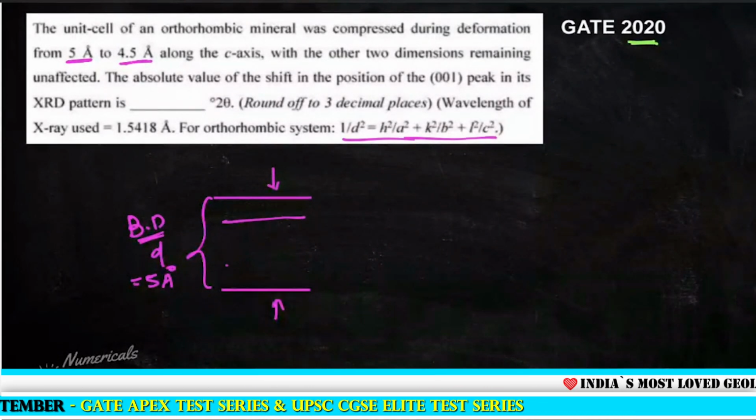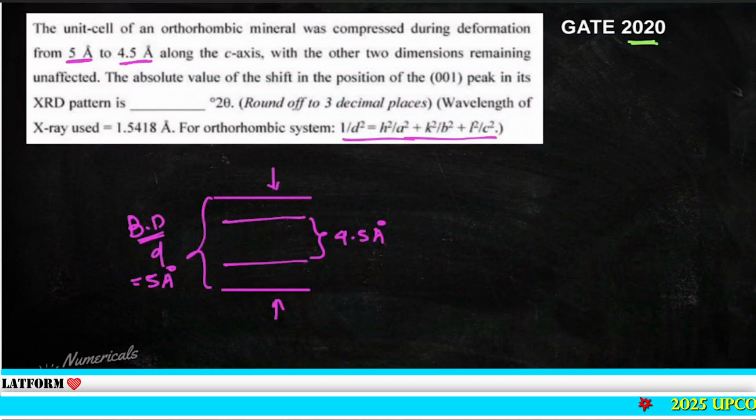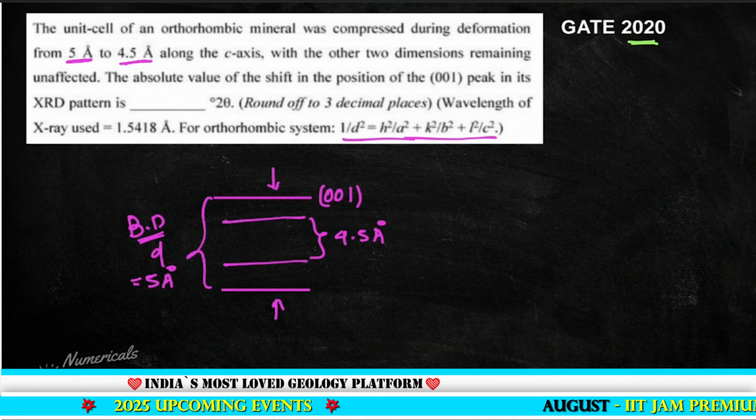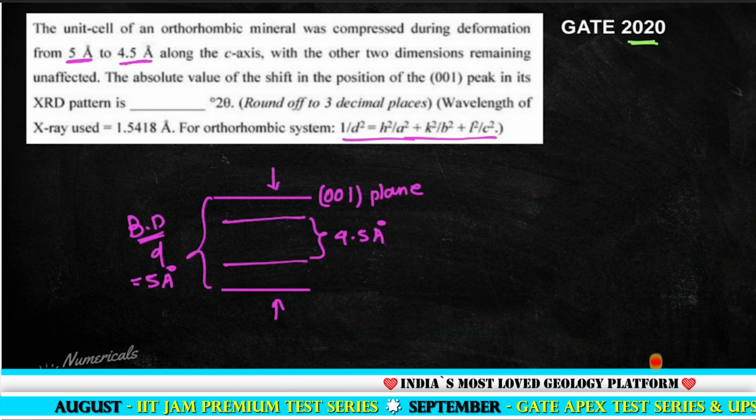It compressed. Now it converted into 4.5 angstrom, along the c-axis, that means vertical, while the other two dimensions remain unaffected, that is not required whatsoever. So what is written? 0, 0, 1. Getting my point? It is the plane.